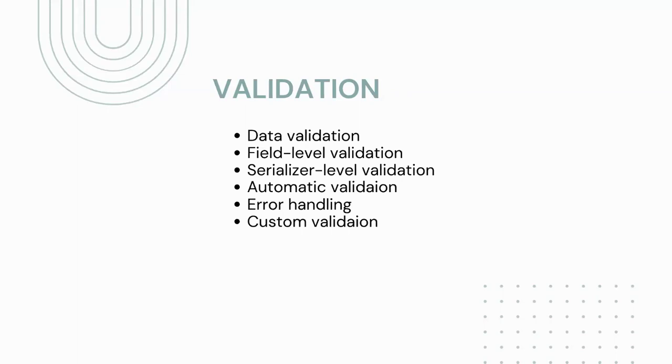The last one is custom validation. Django serializer allows us to define custom validation methods, which give us full control over the validation process. So overall Django serializer makes it easy to ensure that incoming data is valid and meets the requirements of our applications.